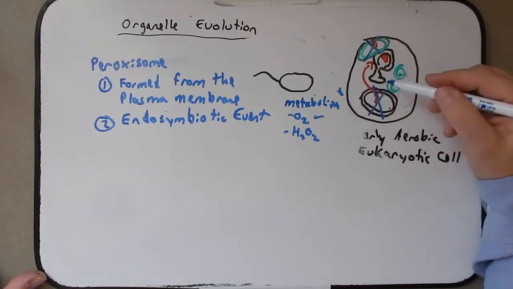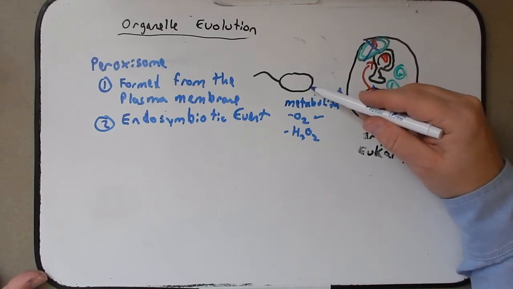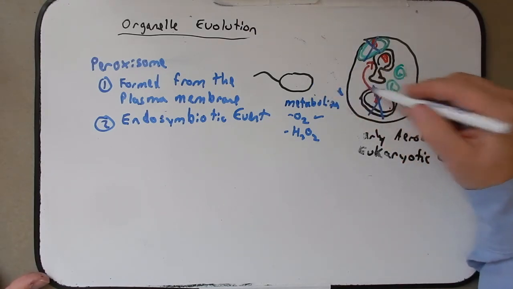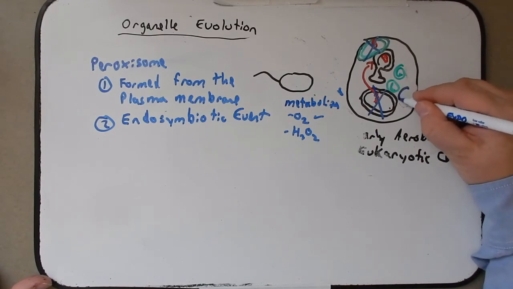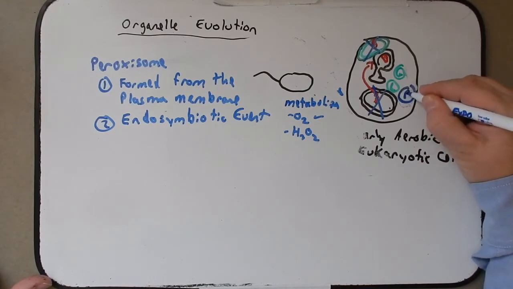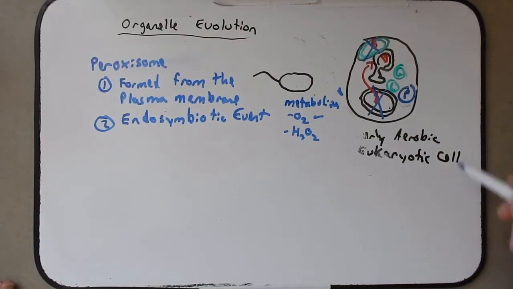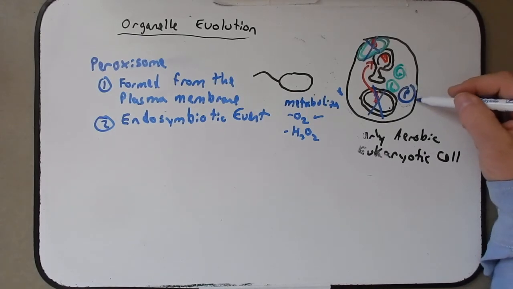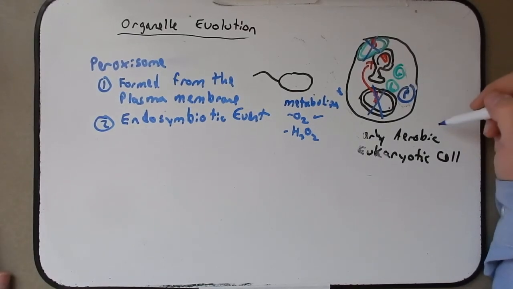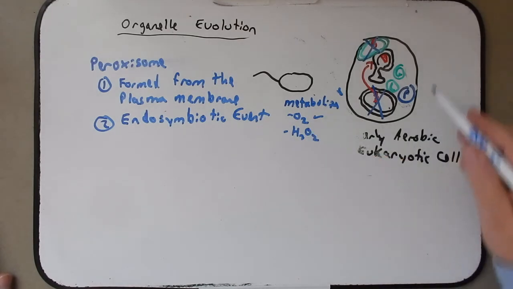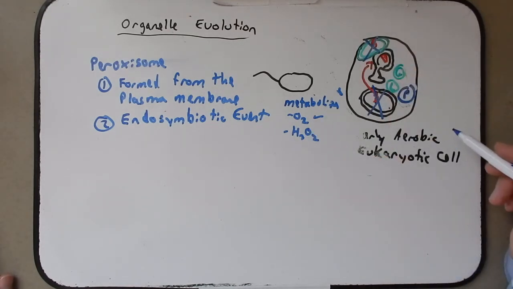It's possible that this early bacterial cell was engulfed by this cell and set up to become what we now call the peroxisome. And in those early stages, it would have been sufficient, at least the proposed idea, to metabolize oxygen to allow this early cell to survive.